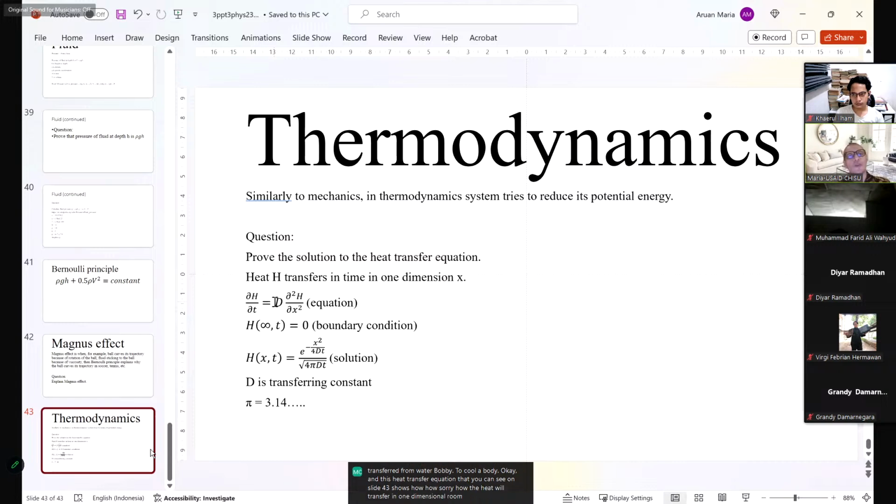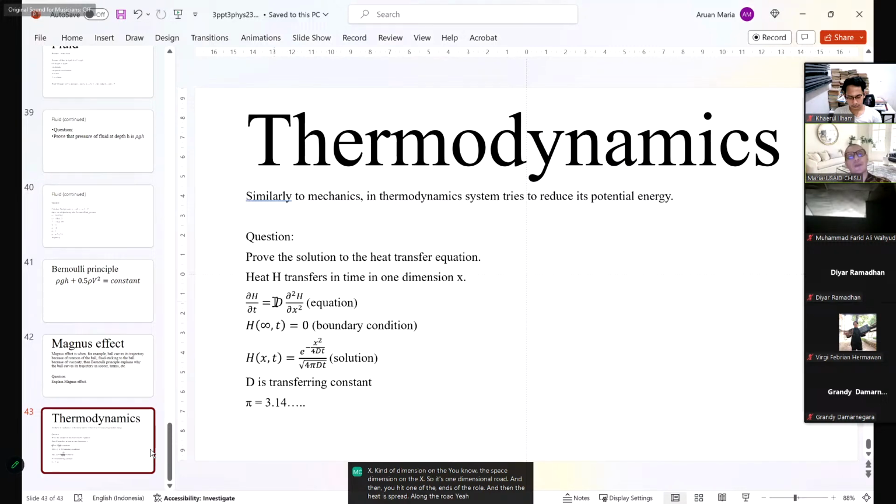a one-dimensional road. So, for example, there is a space dimension on the x, so it's a one-dimensional road, and then you heat one of the ends of the road, and then the heat is spread along the road.